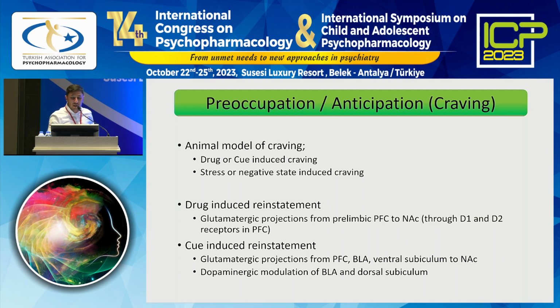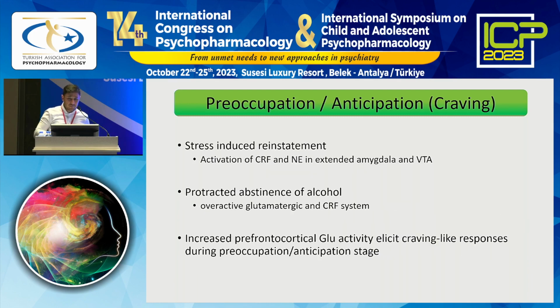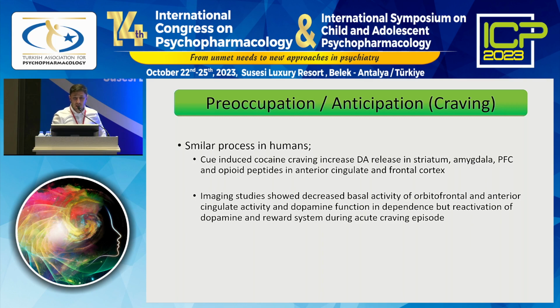Here, from the prefrontal cortex to the nucleus accumbens, glutamatergic neurons are important. CRF is important here because activation of CRF would put the person into stress, and therefore there will be a search for the substance. Glutamatergic hyperactivity is the most important problem that we would be facing. Human studies also indicate similar results in the prefrontal cortex.